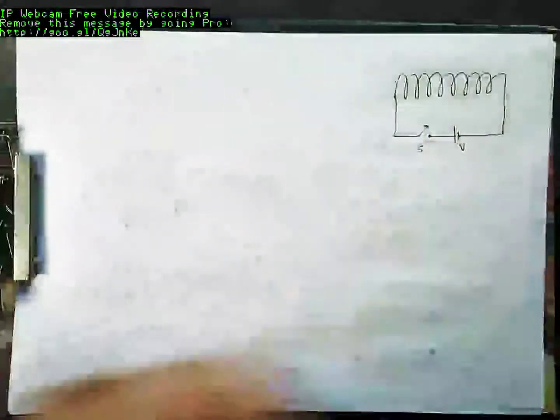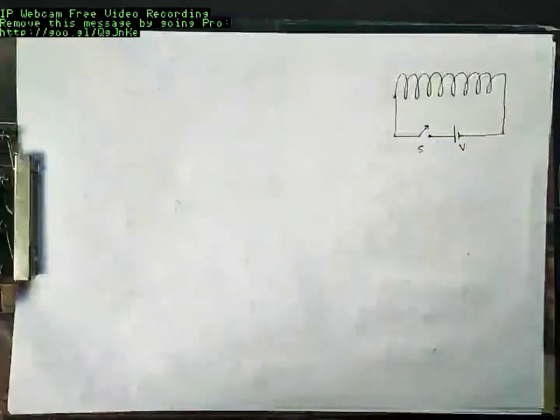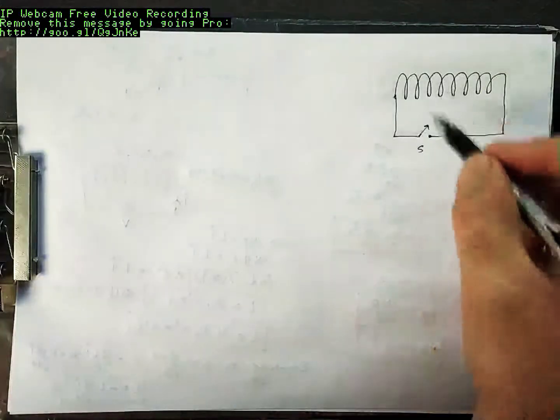Initially, when the switch is open, what is current through this solenoid? Current through this solenoid is 0. Or current through this inductor. You can call this inductor as well. Current through this inductor is 0.